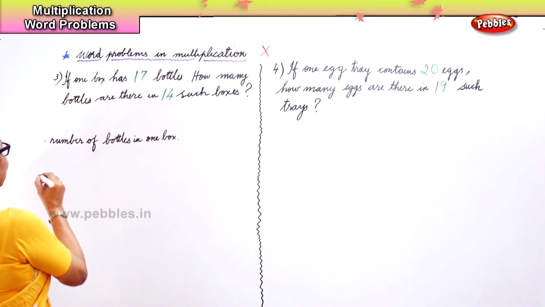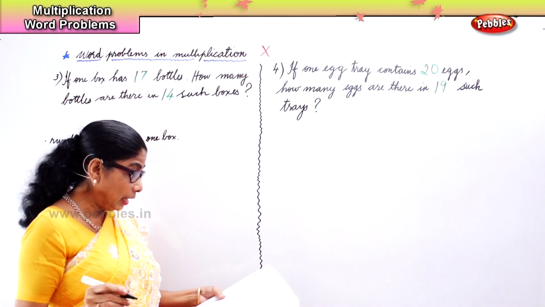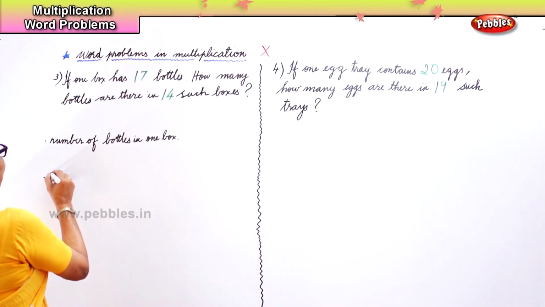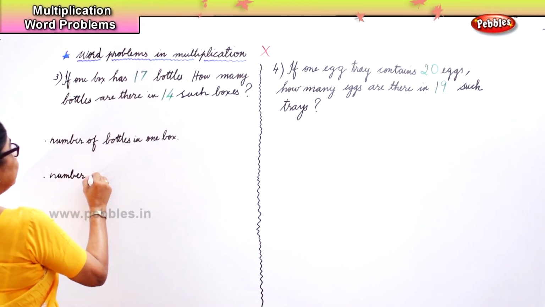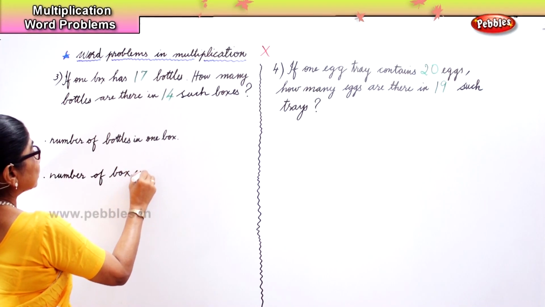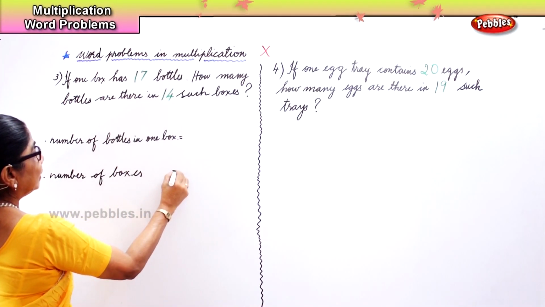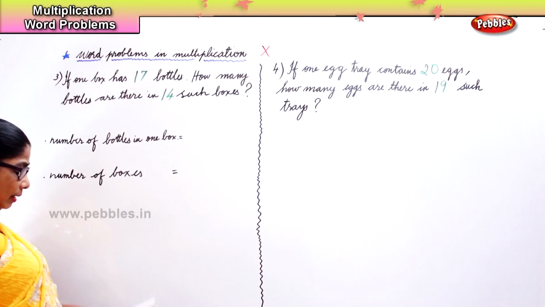Then the next statement is number of boxes. Finally, what is asked? How many bottles are there?